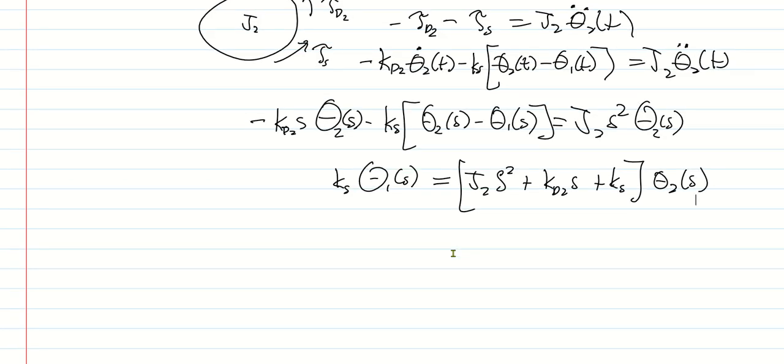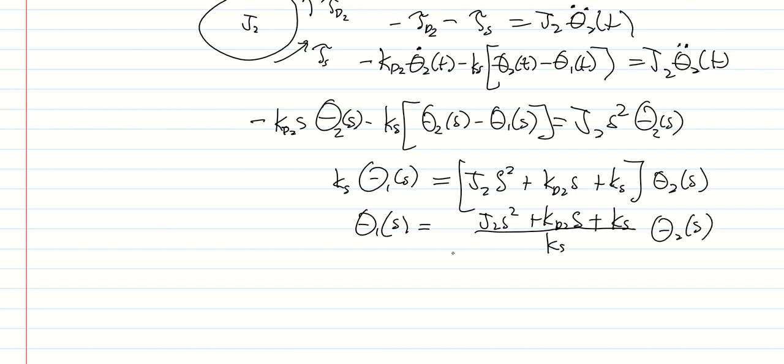Then divide both sides by Ks. So theta 1 of S will be equal to J2 S squared plus KD2 S plus Ks, all over Ks, times theta 2 of S.